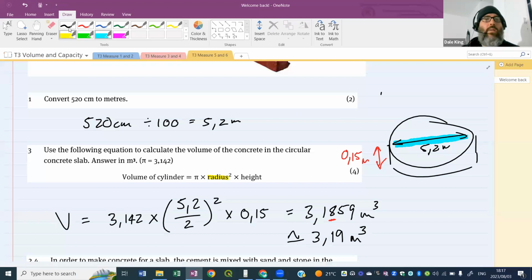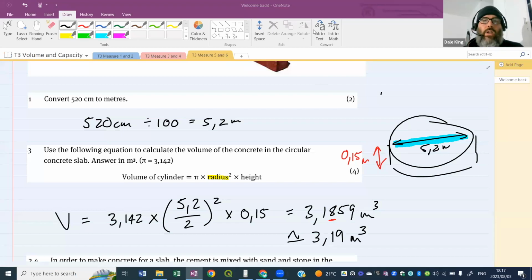Is it a radius or diameter, that blue line in our diagram? It's a diameter. So the diameter must be cut in half to get the radius. So that's why we're dividing the 5,2, the diameter. We must cut it in half, divide it by 2. No problem. So we divided the diameter by 2. There's our volume of our concrete slab.